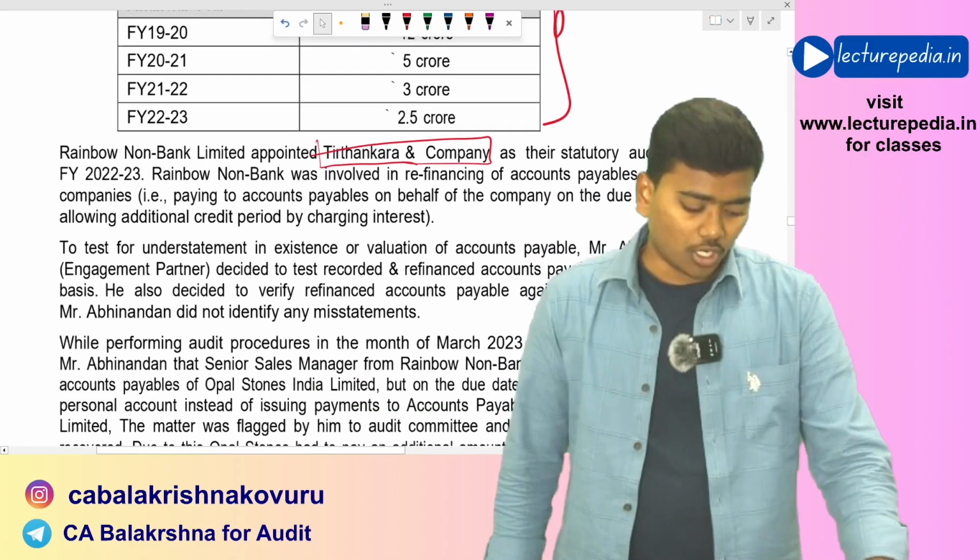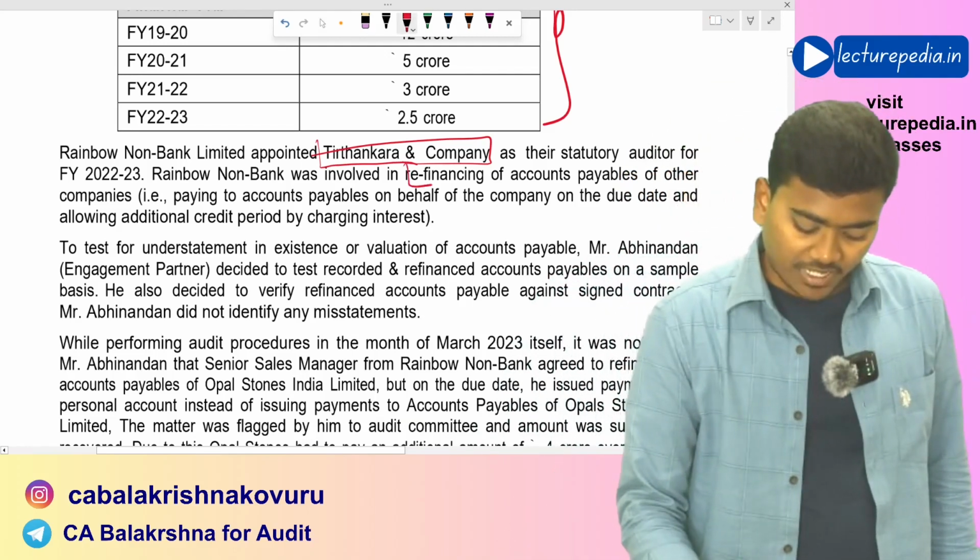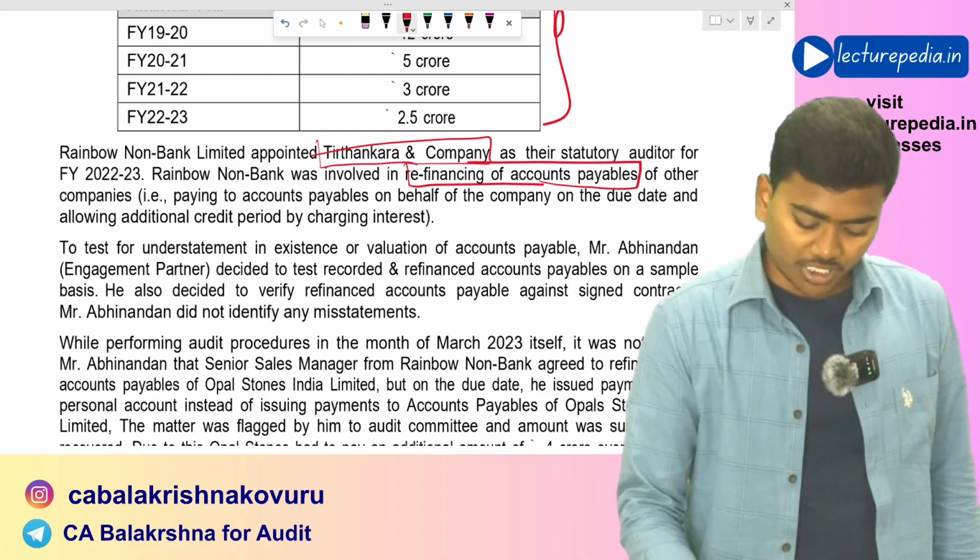While auditing, this non-banking financial company will deal with refinancing of accounts payable.